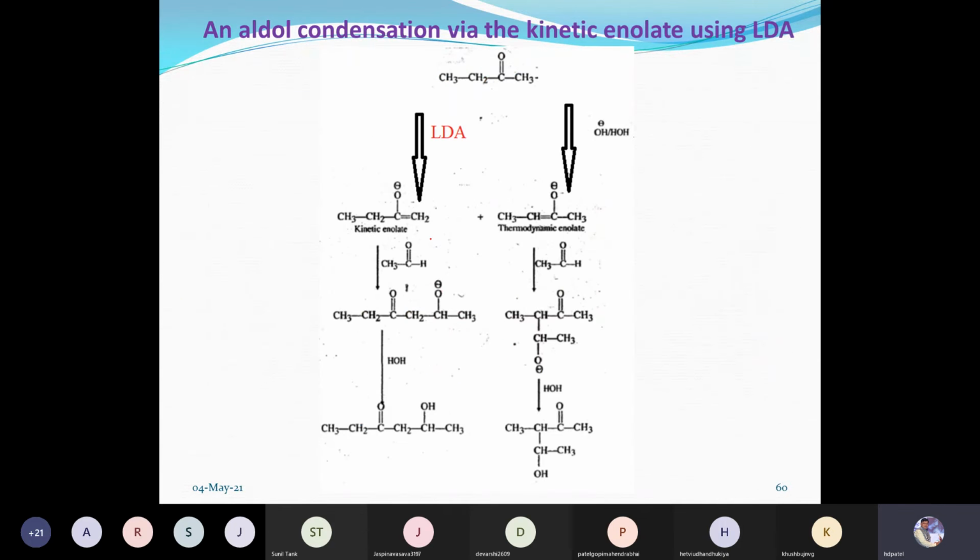Now here you are very much familiar with the reaction called aldol condensation. I think you are very much familiar with the aldol condensation. In the aldol condensation, normally what happens? Ketone and aldehyde react with each other, and we get a ketone and an alcohol group in one compound, and that is known as aldol condensation.